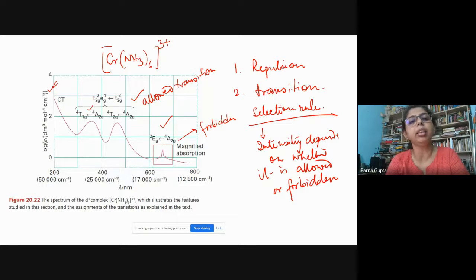The third one is the transition between the d orbitals and then it goes to the mixing of the metal and ligand. When you have seen the bonding, we have taken into account the ligand orbital overlap and the ligand position and all these things.